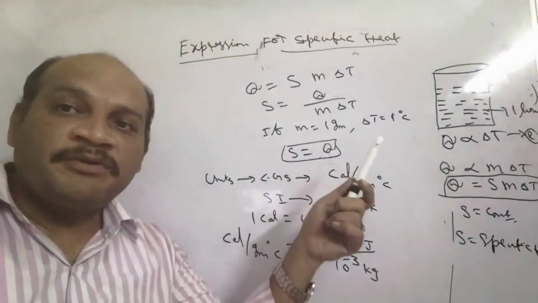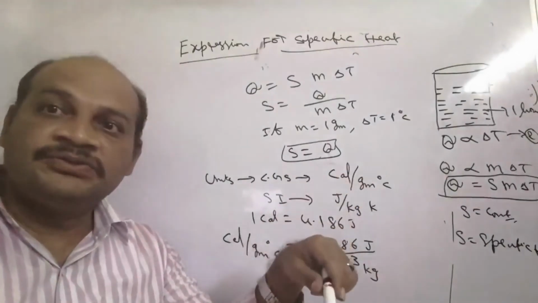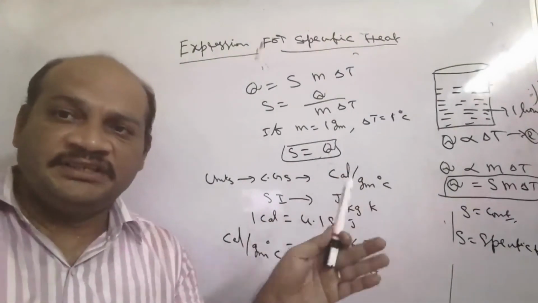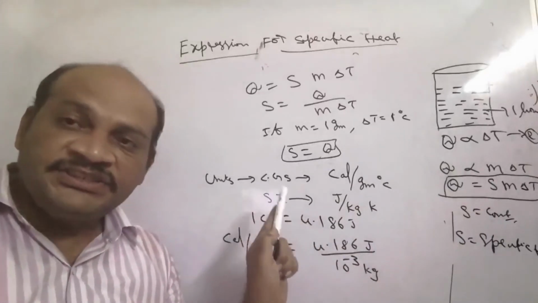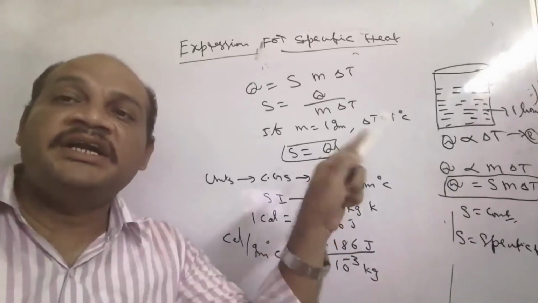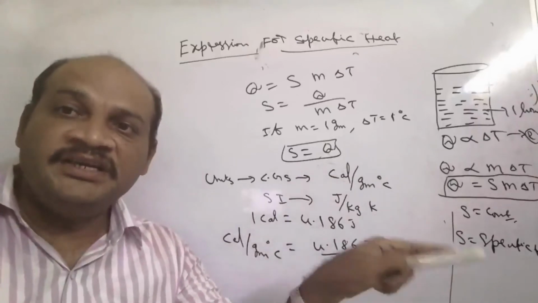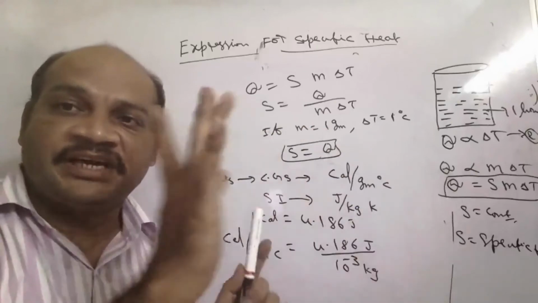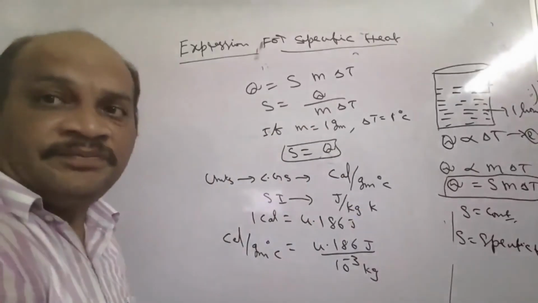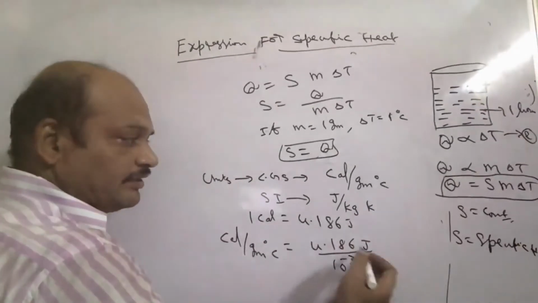But the lowest and upper fixed points are 0 and 100 for Celsius, and 273 and 373 for Kelvin. That is the difference. But 100 divisions of the Celsius thermometer equal 100 divisions of the Kelvin thermometer. That's why we can write 1 Celsius is equal to 1 Kelvin.